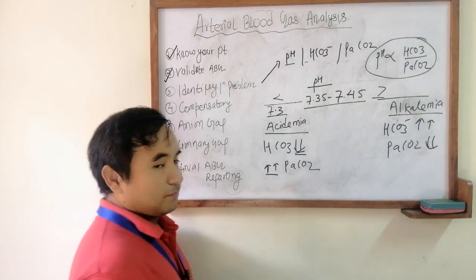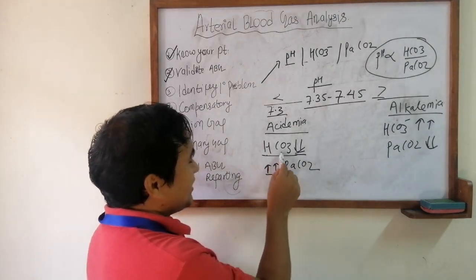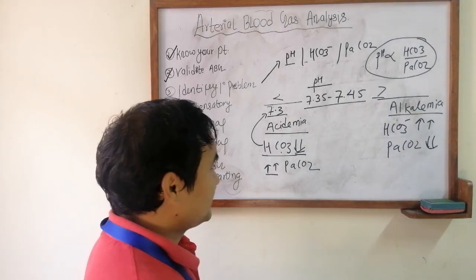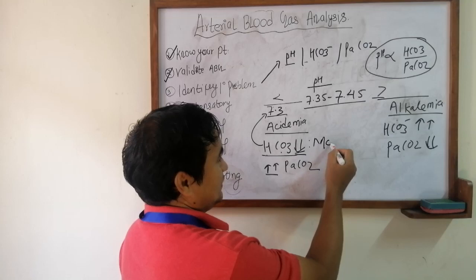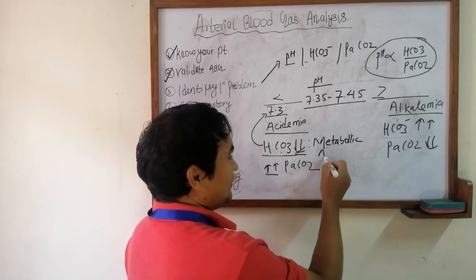So this condition where there is a decrease in bicarbonate and that's leading to the drop in pH is called metabolic acidosis. It's called metabolic acidosis because bicarbonate is more related to metabolic conditions.